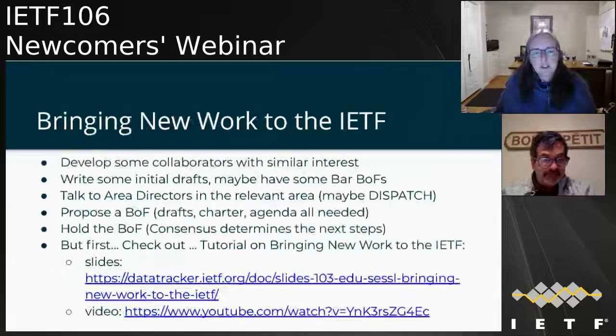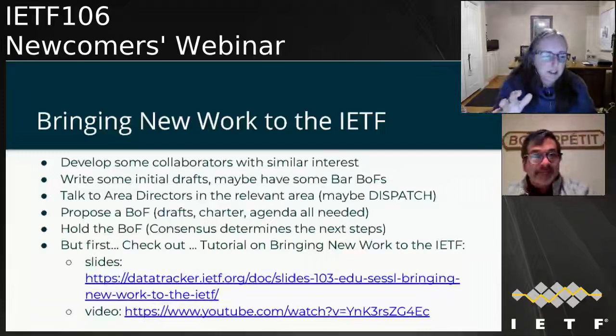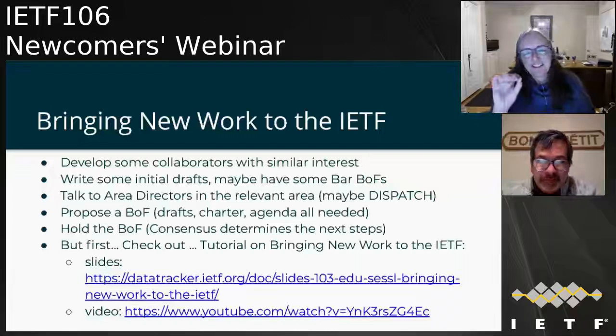So just as an extra slide on bringing new work to the IETF, the first step is, you have your idea or the thing that you are interested in approaching.